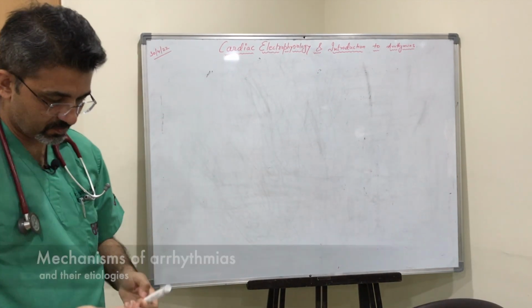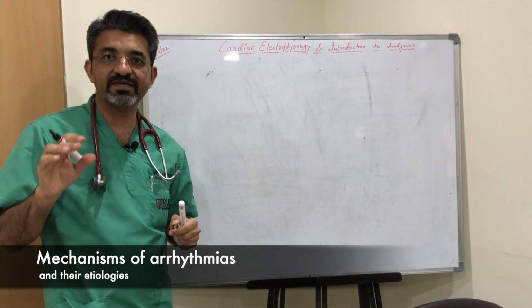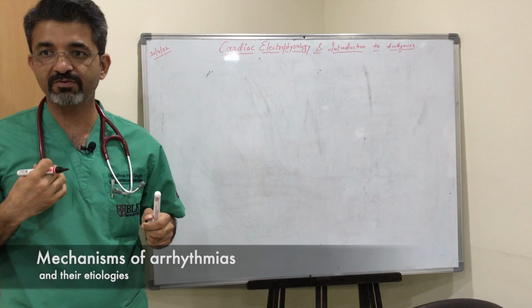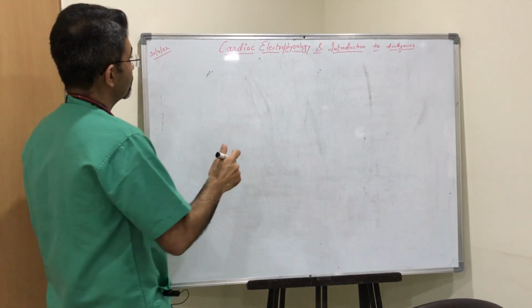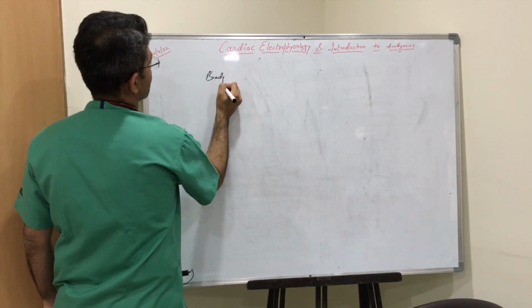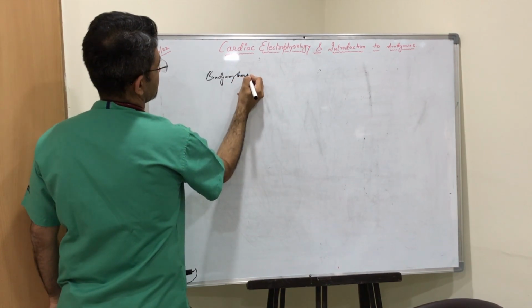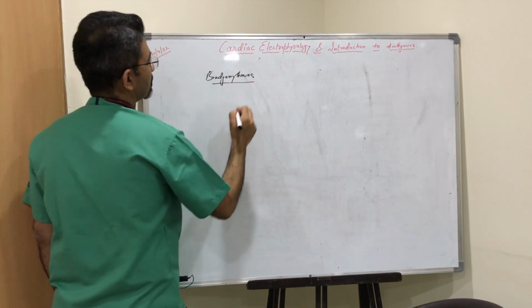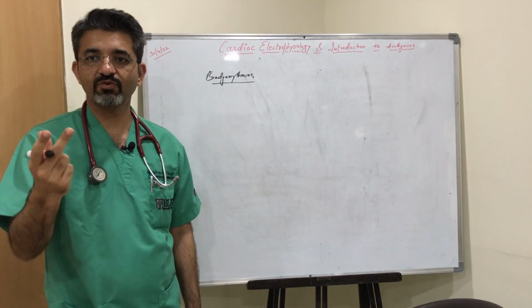Now we'll start with the mechanisms, and please pay attention, because mechanisms of arrhythmias are very important. We'll start with bradyarrhythmias first. Bradyarrhythmia can occur because of two causes.